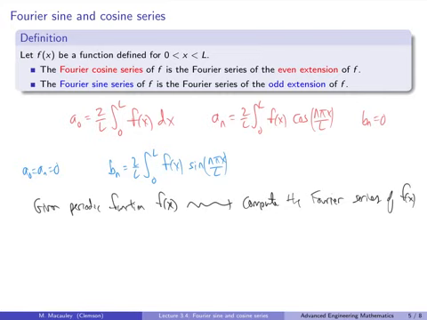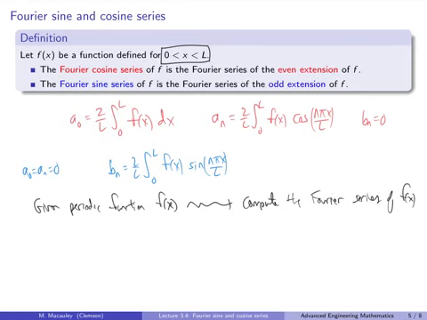Now, it might just be that the Fourier series only contains cosine terms or sine terms. But the difference here is if I tell you to compute the Fourier cosine series or the Fourier sine series, the function I give you has to be a fragment. So I can give you a periodic function defined on the whole real line and say compute the Fourier series.